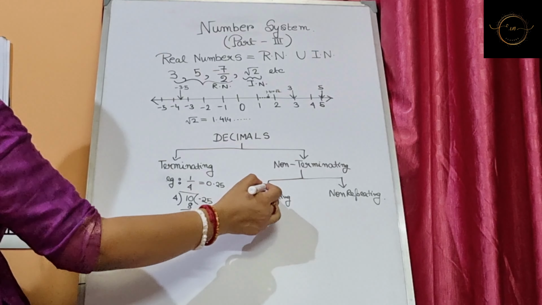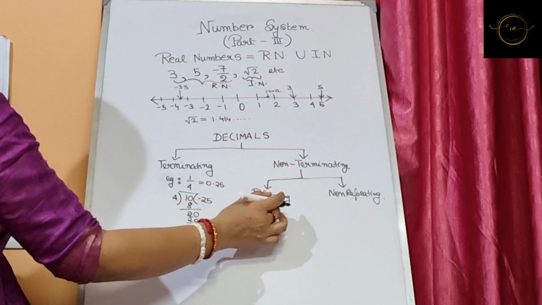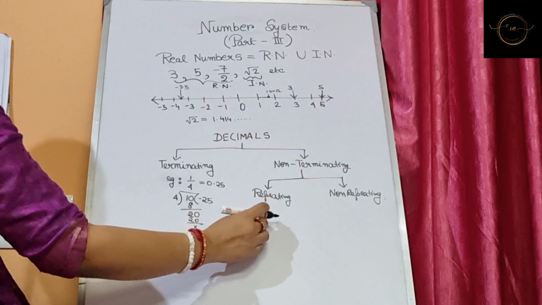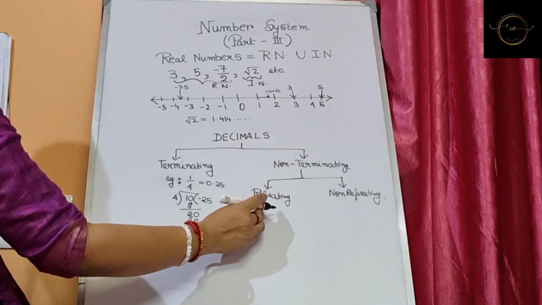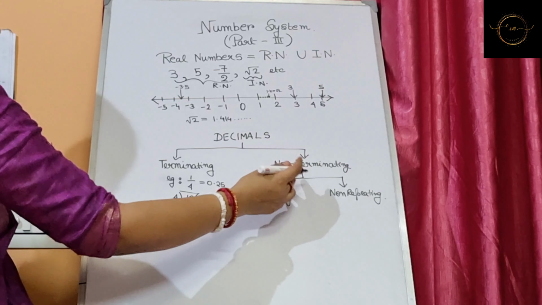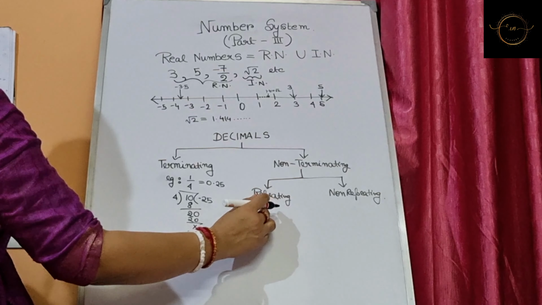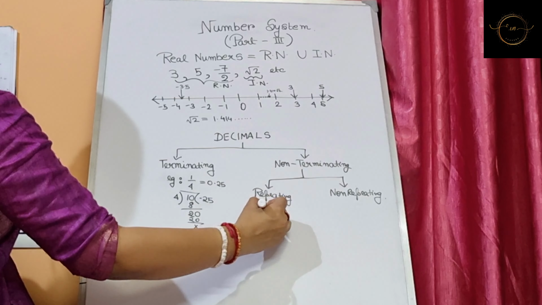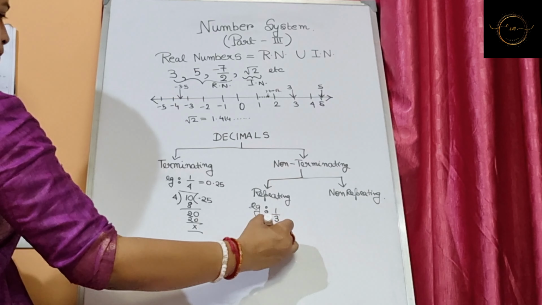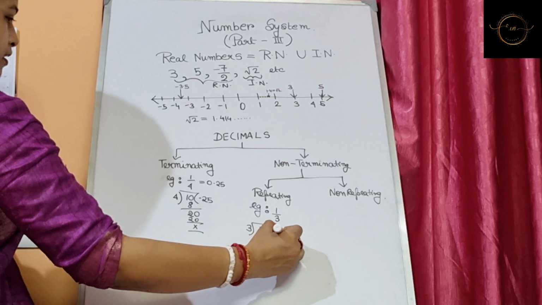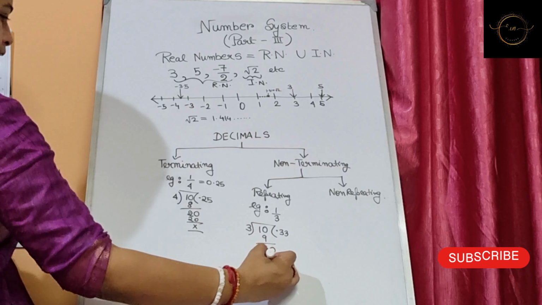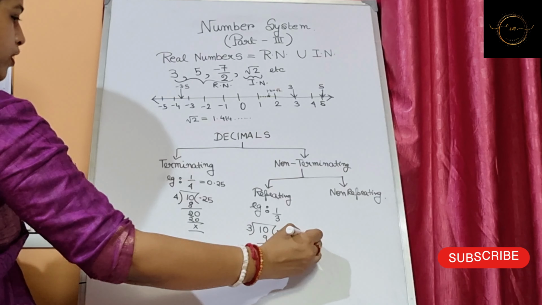Coming to non-terminating repeating decimals: these are decimal numbers which follow a particular pattern and which repeat after the decimal point. Suppose I take the example 1 by 3. If you divide 1 by 3, 3s are 9, again 1 0, and it will go on in this way.